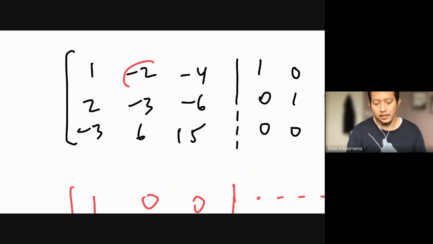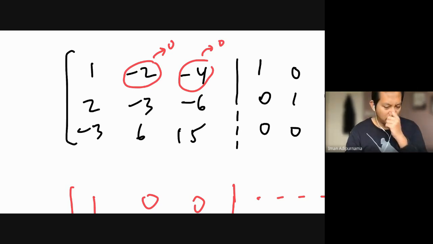Okay. And I think we can do that easily. For example, here, you can start by finding this -2 and -4 and taking them to be 0, right? We can start from the -2 first. We need to multiply by 3 to become -6, and then add the third row. I think we can take it to 0, right? And also the -3 here, we need to make it 0.